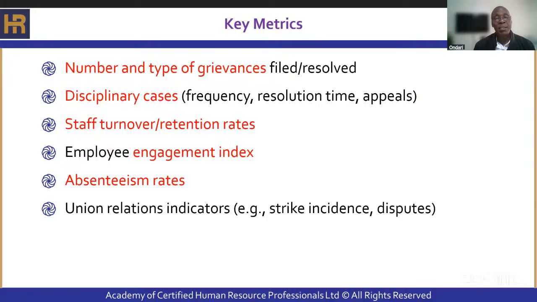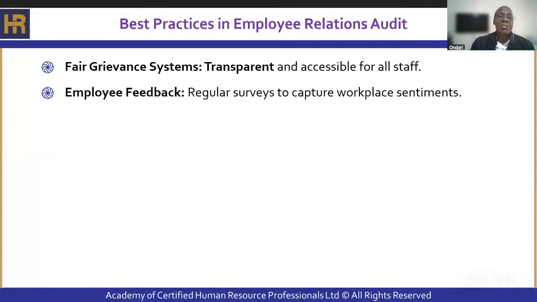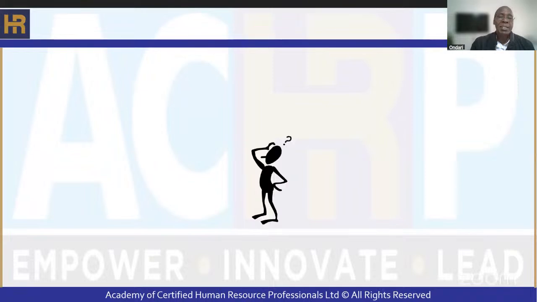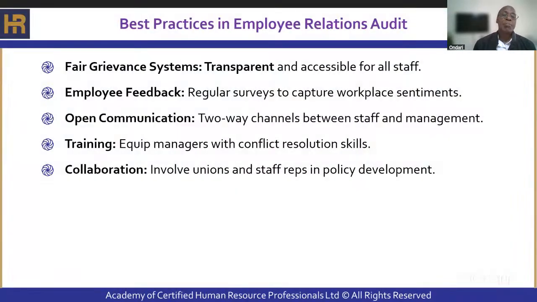Absenteeism rate, that means that employees are not happy with what is going on, and that is why they want to avoid coming to work. And lastly, the union relations, we look at the number of strikes or the number of disputes that have been successfully addressed.